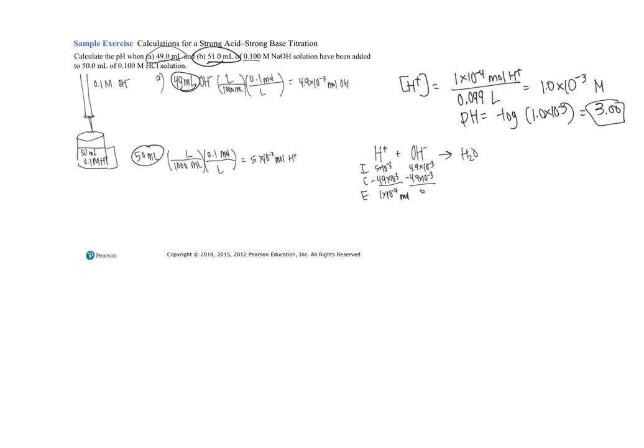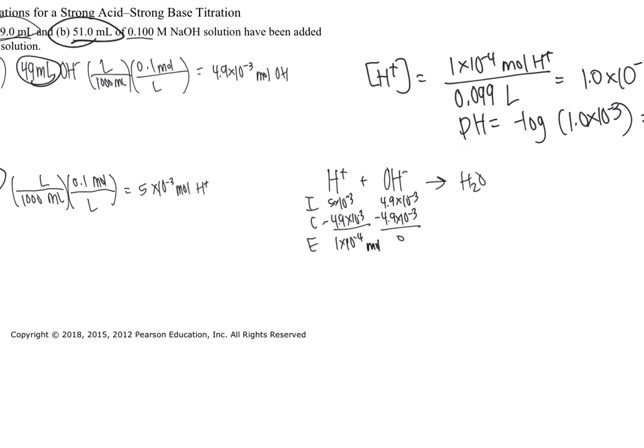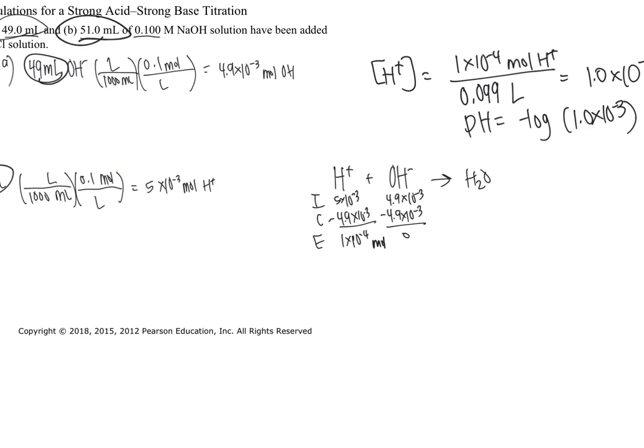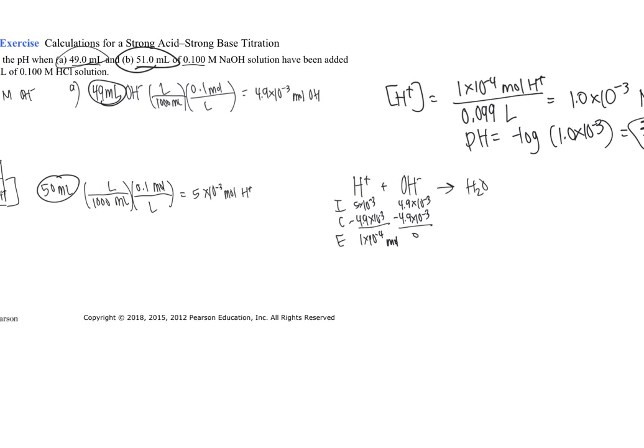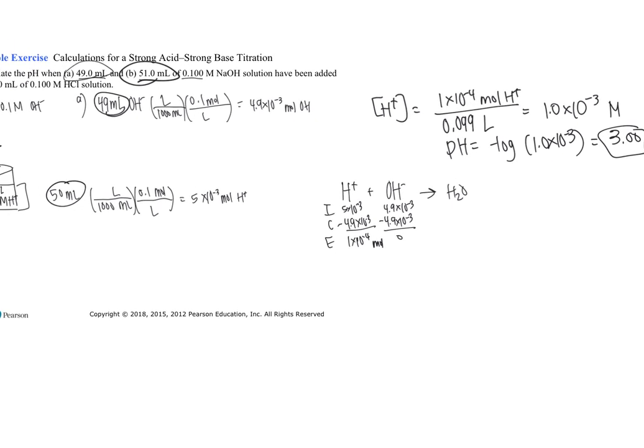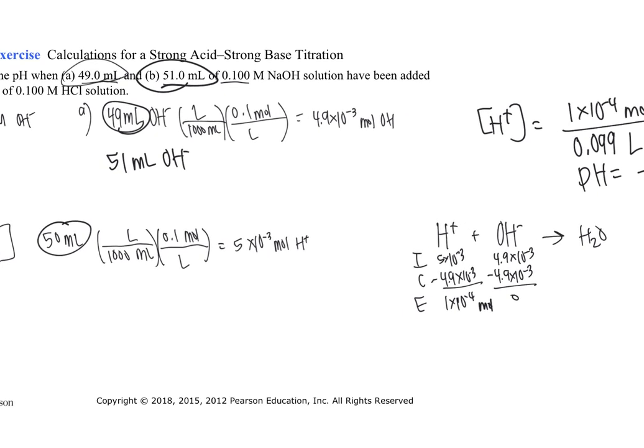So we're going to have a very similar situation here. But now instead of 49 of hydroxide, I have 51. So once again, I'm going to have the same amount, same conversion, and what I'll end up getting is 5.1 times 10 to the negative third mole of hydroxide.